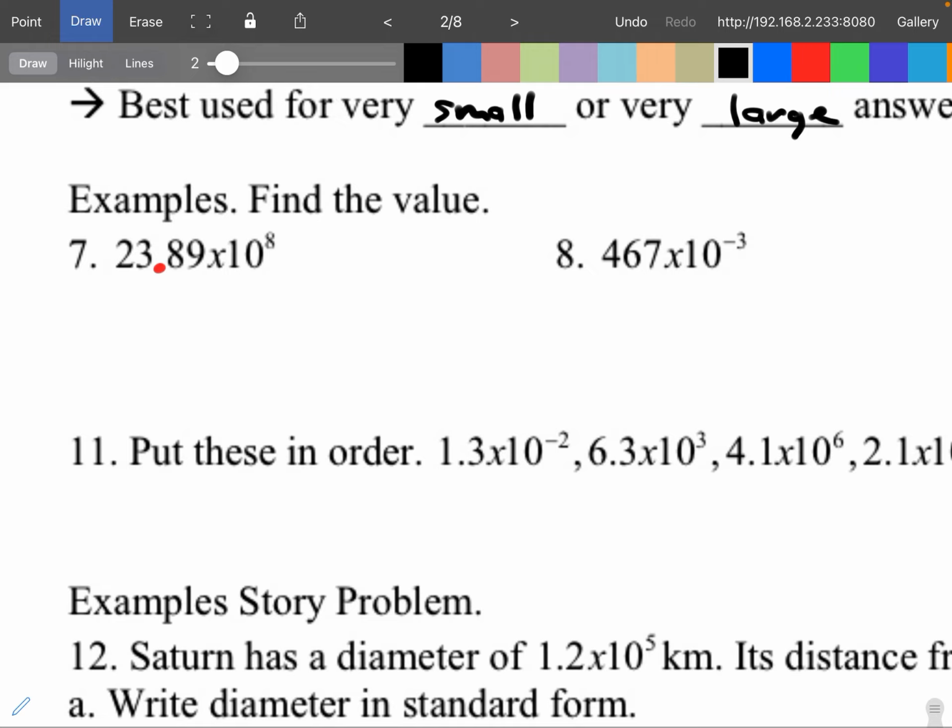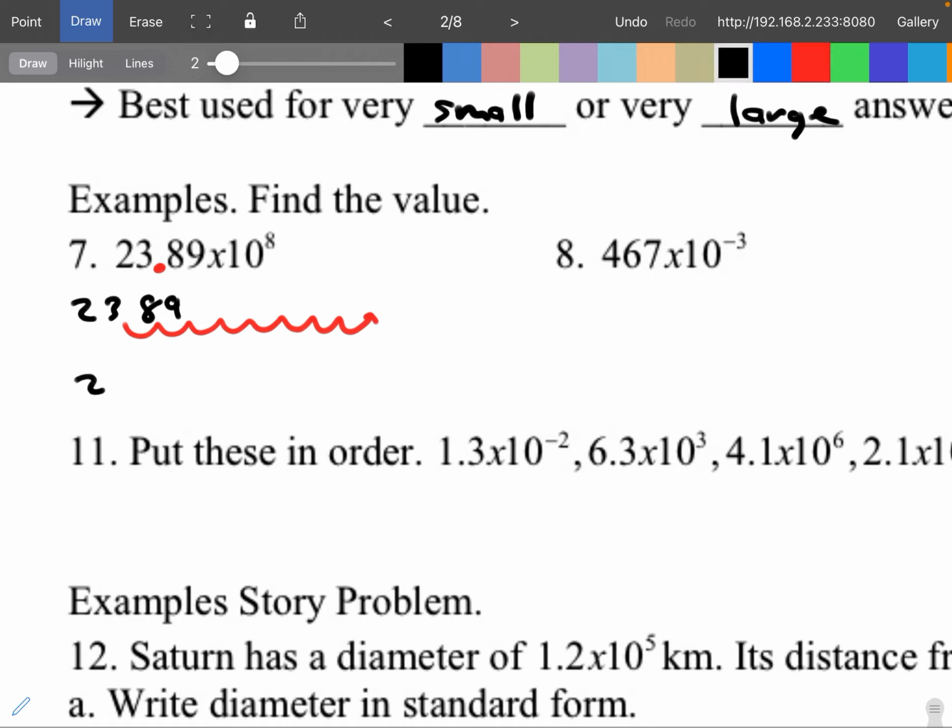So it's going to be 2, 3, and then 8, 9, and it was right here, so I got to move it 8 places to the right. So I got to go 1, 2, 3, 4, 5, 6, 7, 8.